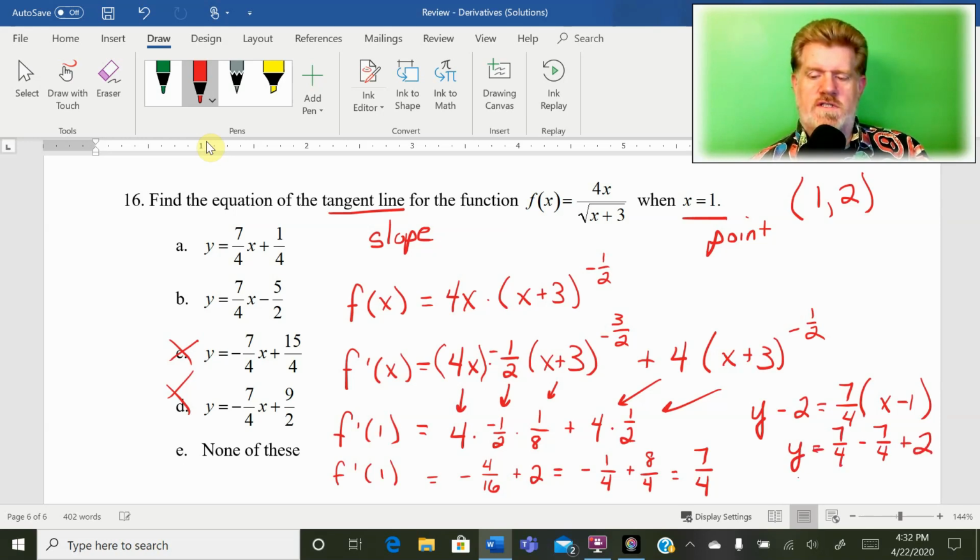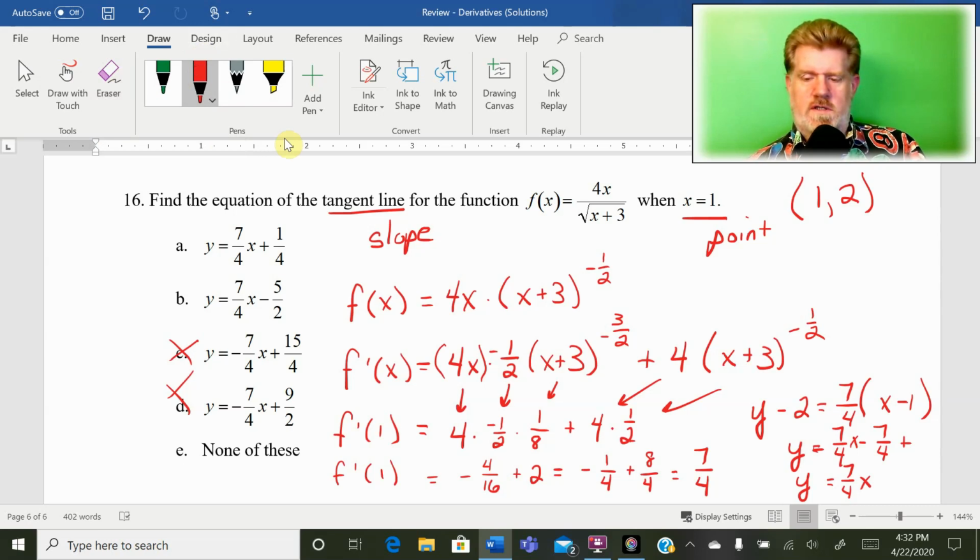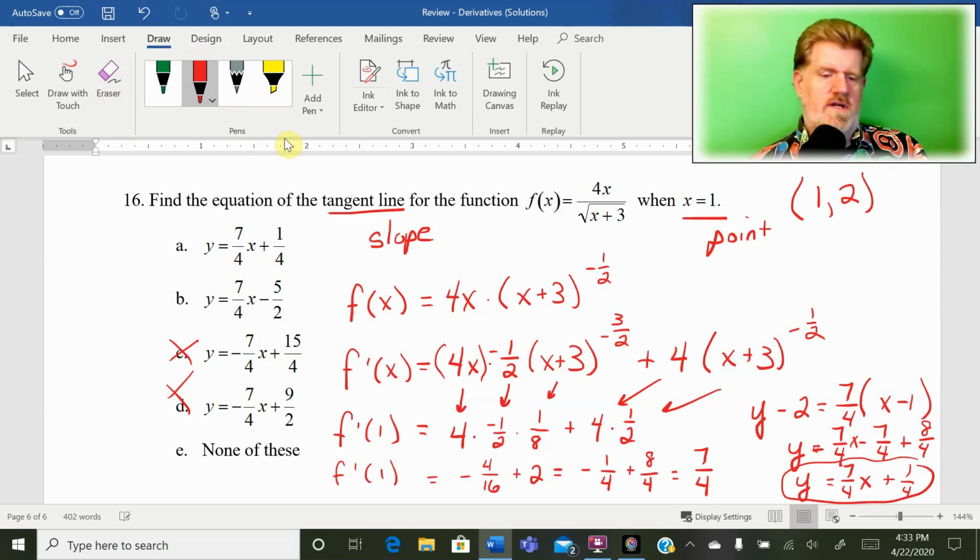So what's negative 7/4 plus 2? 2 is 8/4, right? So negative 7/4 plus 8/4 is 1/4. Sorry, it's squished down there, but there it is right there.